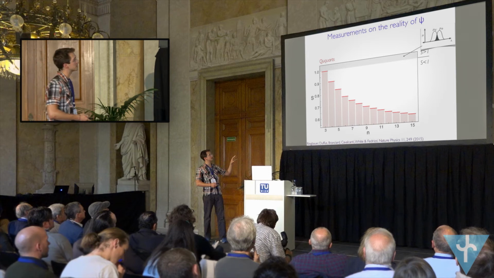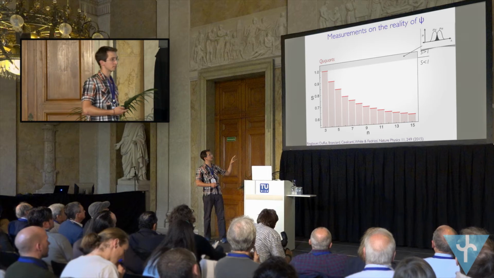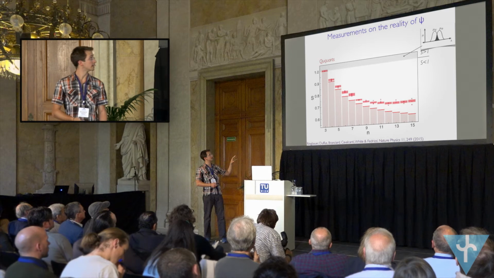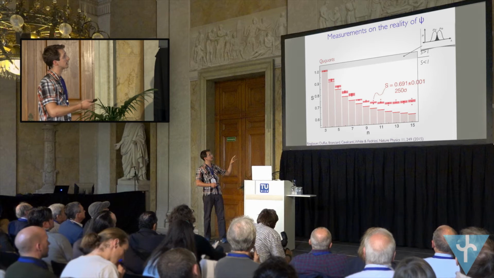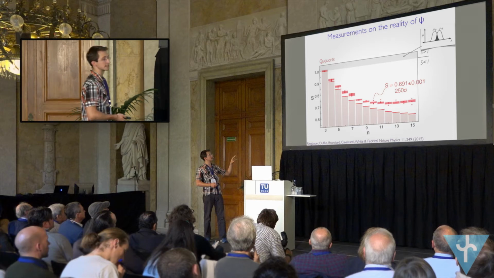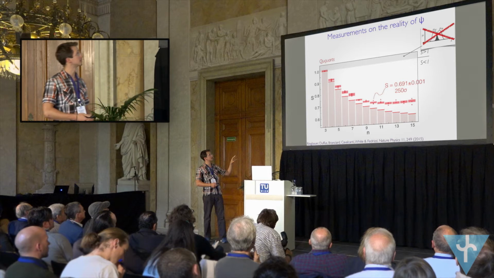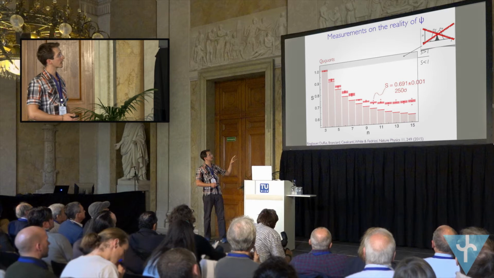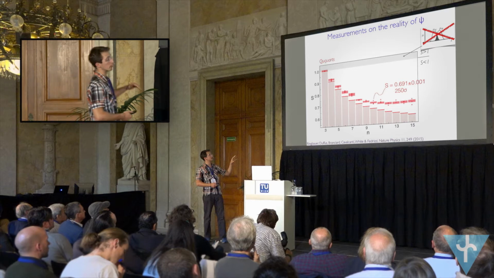Now, we don't have perfect measurements, so if you put in some parameters of our experiment, that's more like what we expect. And the data agrees with that fairly well. And then we find we have 250 sigma violation of this bound of 1 here, which means we can conclusively rule out these maximally subsystemic models. And we also bound all the non-maximal models to below this value.